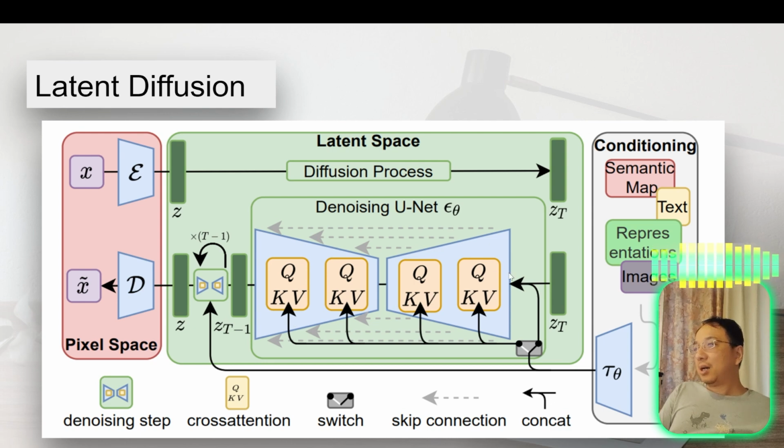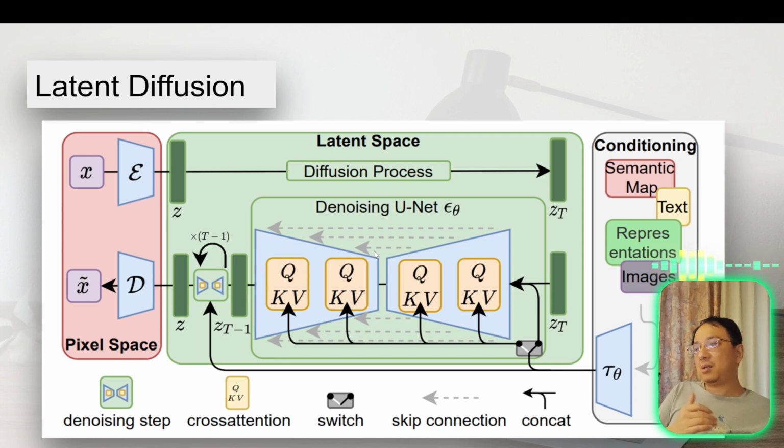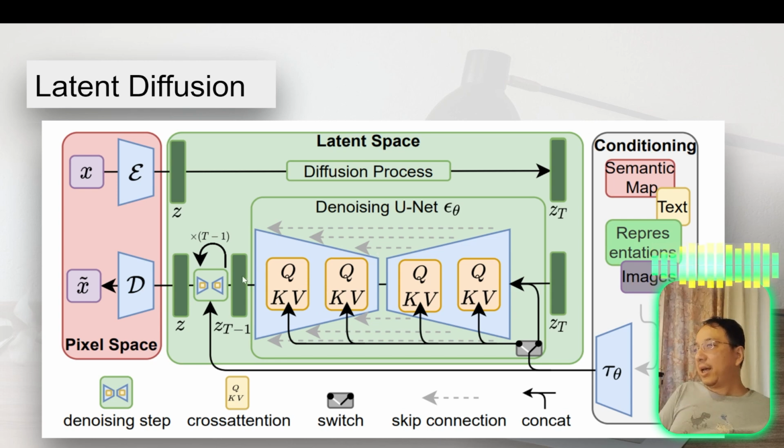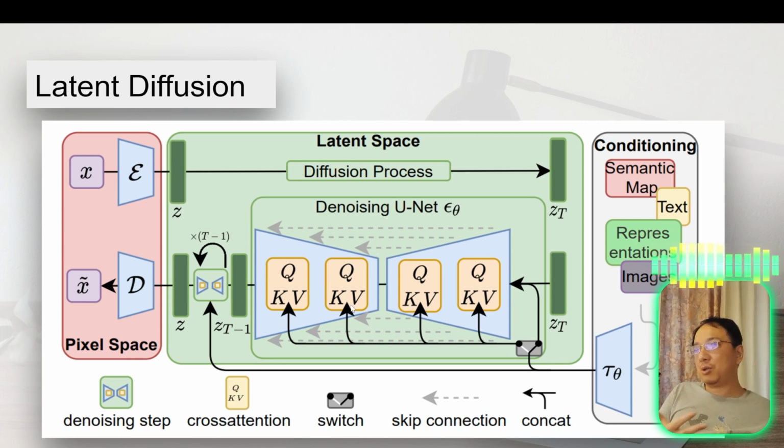So basically, the denoising process is just like other denoising diffusion models. Then when we wish to generate an image, we use a denoising process and get a denoised latent.